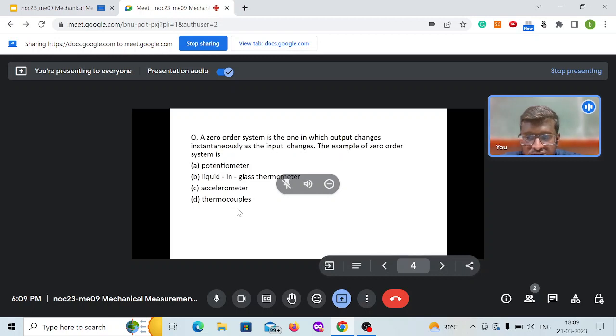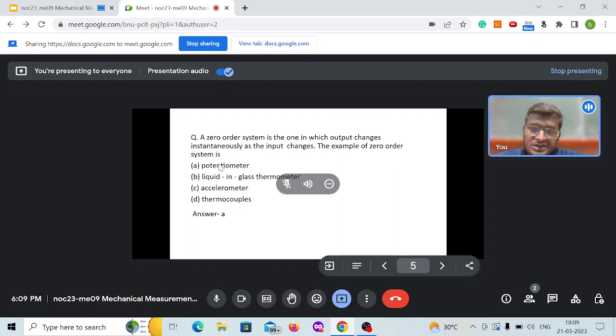So out of these, the zero order system is A, potentiometer. In a potentiometer you vary the resistance, for example a coil winding where you change the length of the windings, so the resistance changes, and that in effect changes the voltage or current.